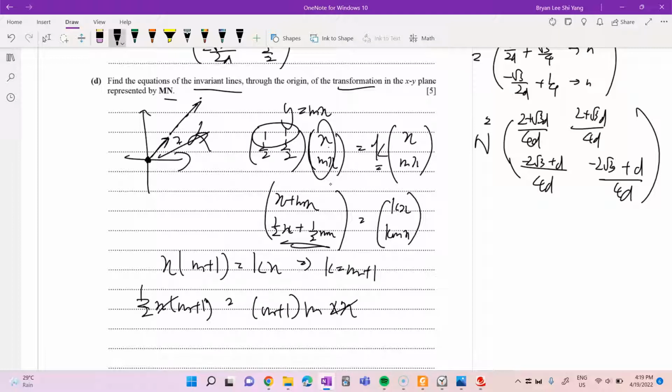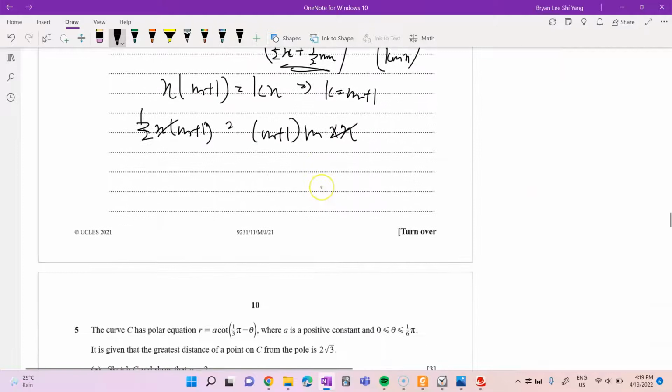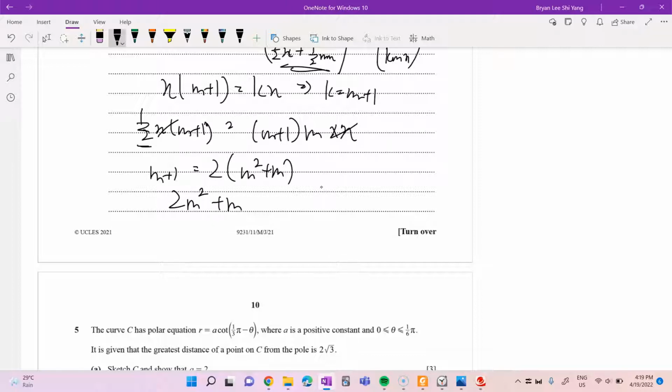So I can cut these. So here what we have left is something in the form of a quadratic equation, actually. Then we have m plus 1. I'll multiply both sides by 2 first, equals 2m squared plus m, right? And then we have 2m squared plus m minus 1 equals 0, because I moved everything to the right already.